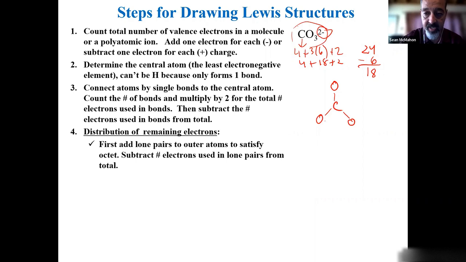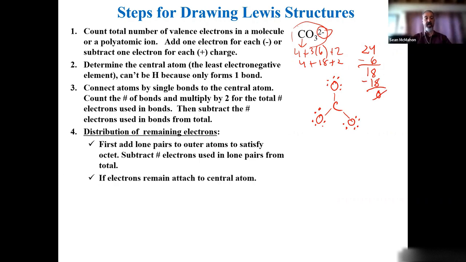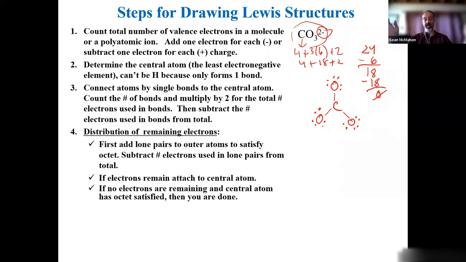So I go ahead and do that, and I go 2, 4, 6, 8, 10, 12, 14, 16, 18. When I subtract 18, I see I have no valence electrons left. If electrons remained, again, from last lecture, I would attach them to the central atom, but none remain.